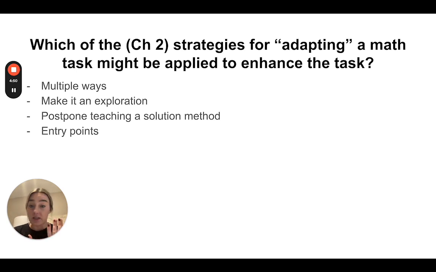I'm postponing teaching the solution method, or a solution method, because students are able to try it on their own first. And by postponing me teaching, students might get a chance to teach their peers what they did. And then there's also multiple entry points because students get to show every single thing on their paper. Show what they know, show how they did it, show what their answer was.